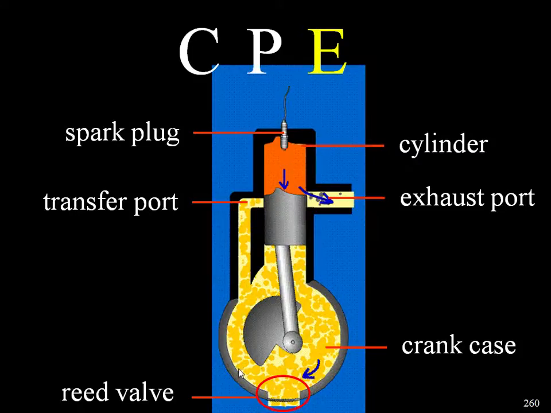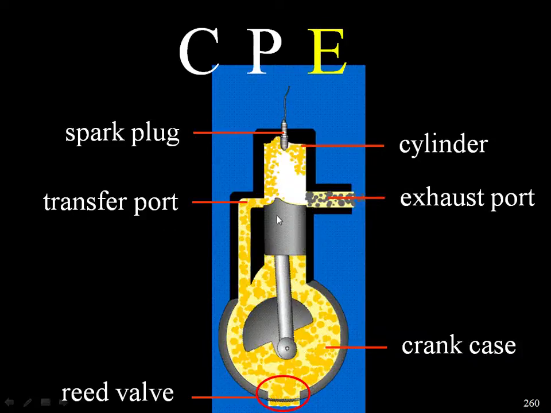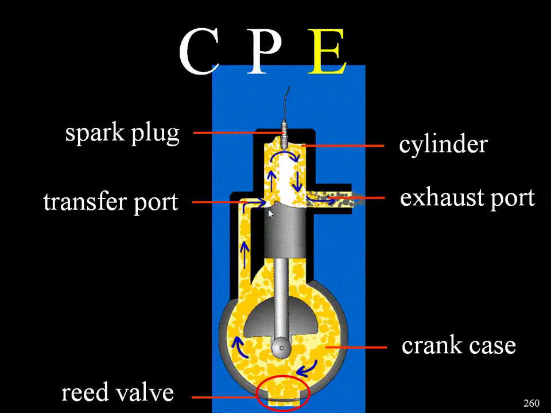Since the crankcase holds pressurized air and mixture, the pressurized air and mixture is pushed into the cylinder through the transfer port here like this. So this is called induction.